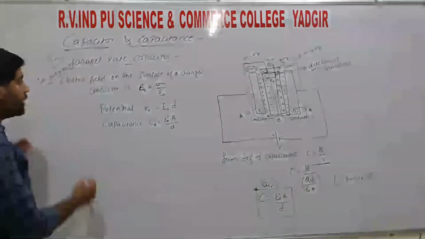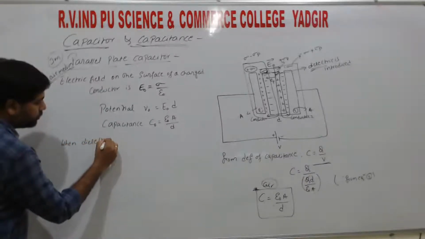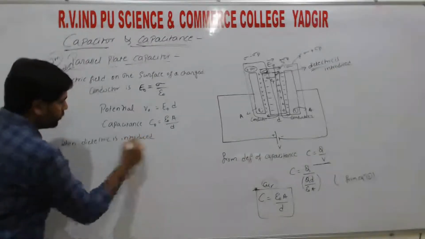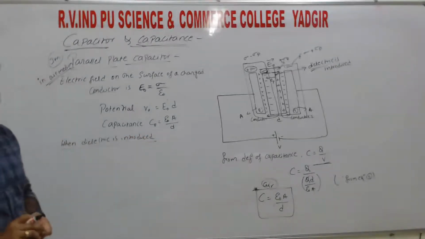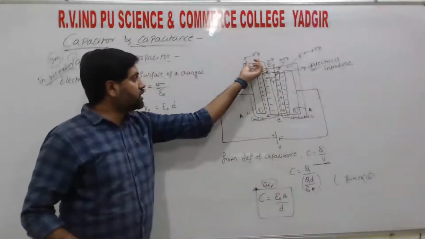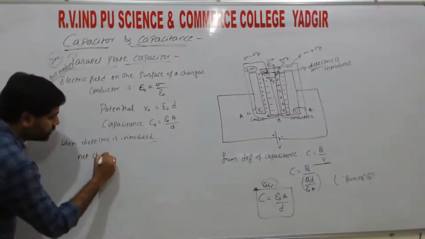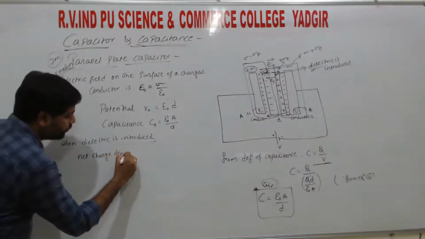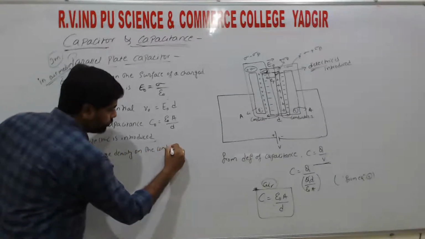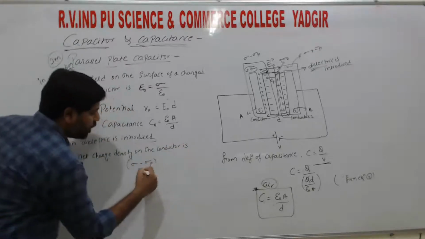Next, when the dielectric is introduced in between the two conductors, the net charge density on the conductor is sigma minus sigma p.